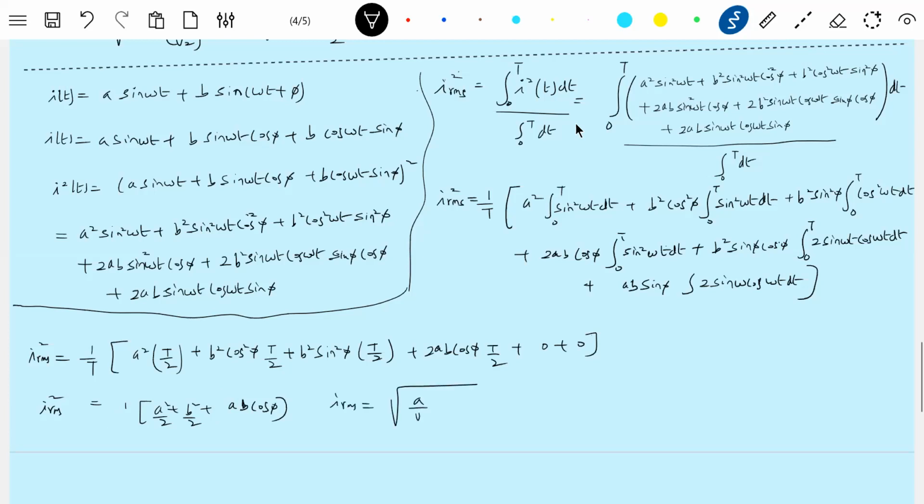Finally, it will be (a by root 2) whole square plus (b by root 2) whole square plus ab cos phi. Agreed. So this is the RMS value.